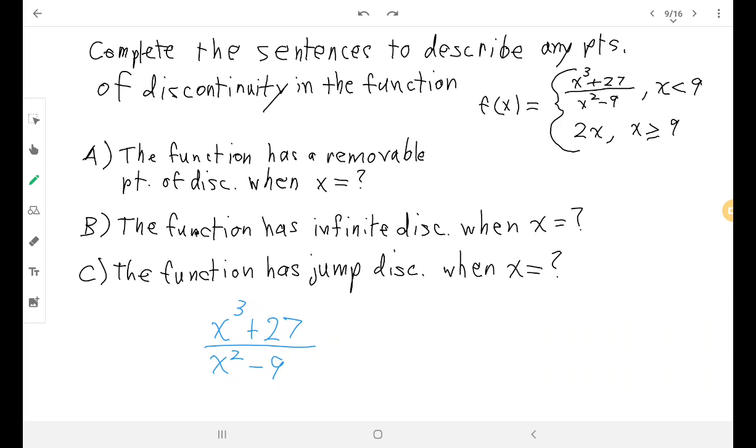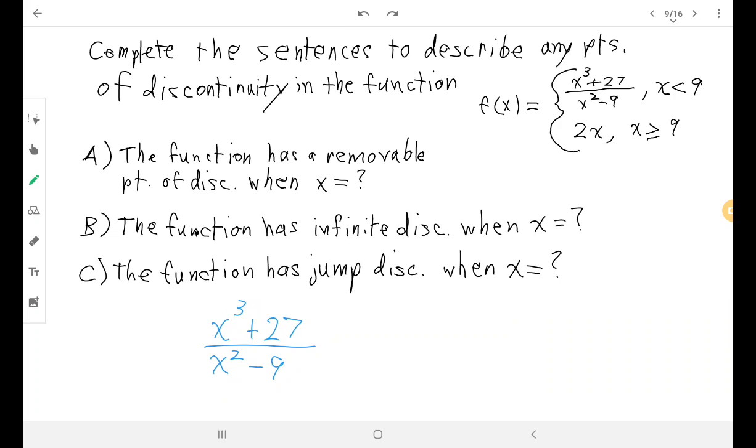And it might be worth going into Desmos and putting this in, and you'd have to put it in as two separate things and then look at them near that 9 value and ignore them in other places. And I'll give you a sketch of what this looks like. And this is really the intent of this problem, is for you to do this.